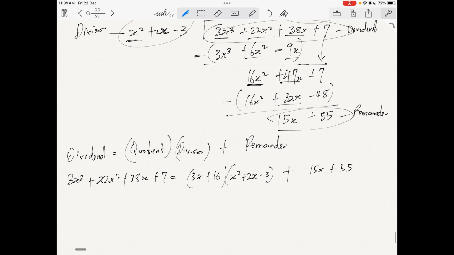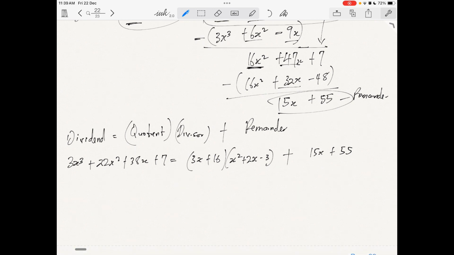Alright, with that done, we want to divide them all through by our divisor, that is x squared plus 2x minus 3.